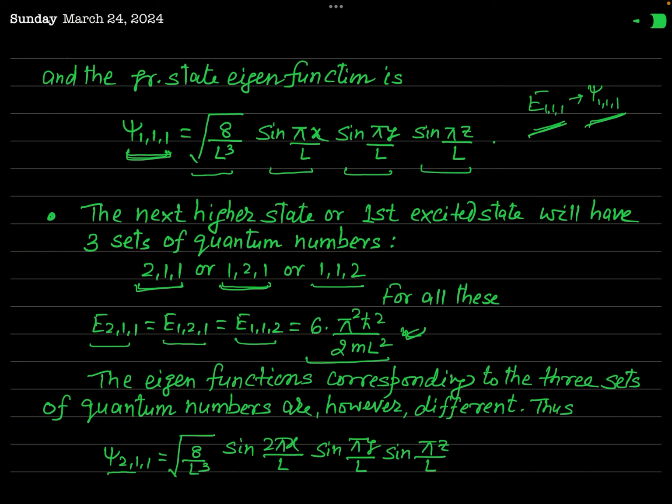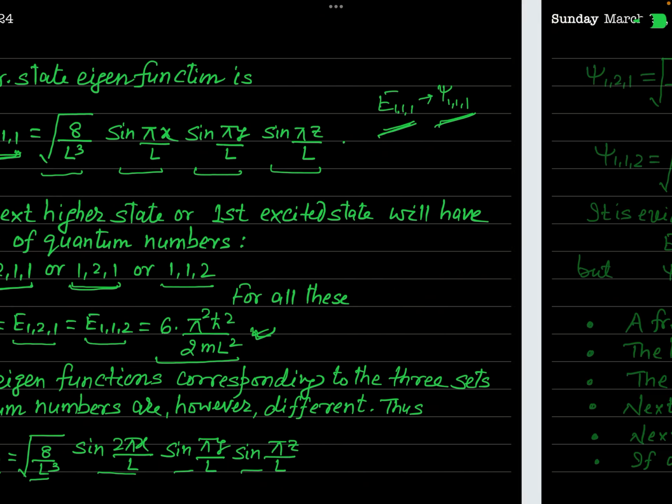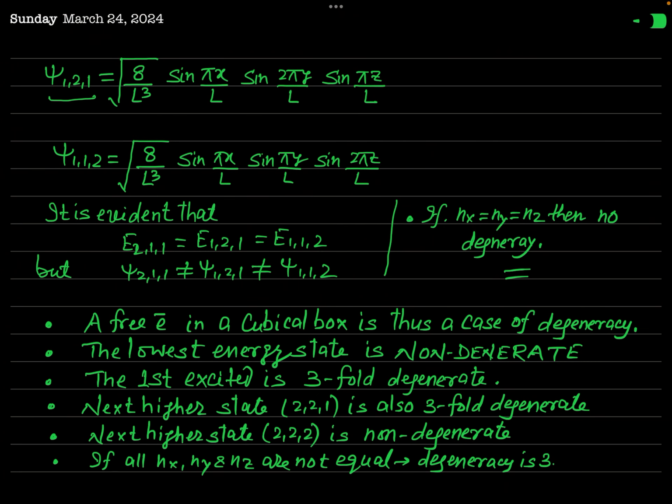So psi 211 will be the square root of 8 over L cubed, times sine 2 pi x over L, sine pi y over L, sine pi z over L. Again, psi 121 will be the square root of 8 over L cubed, sine pi x over L, sine 2 pi y over L, sine pi z over L. And for the third set, psi 112 will be the square root of 8 over L cubed, sine pi x over L, sine pi y over L, times sine 2 pi z over L.